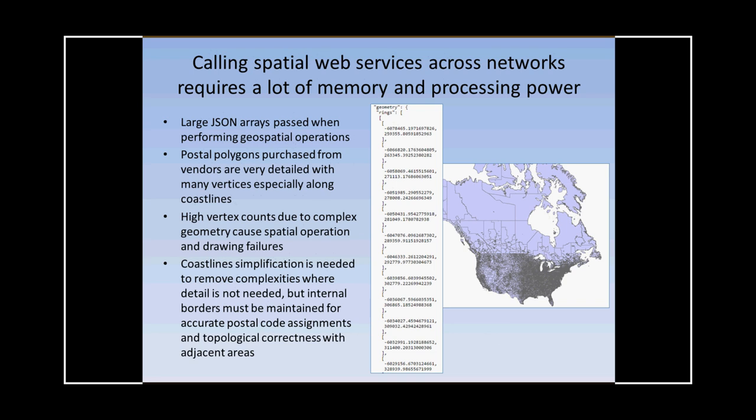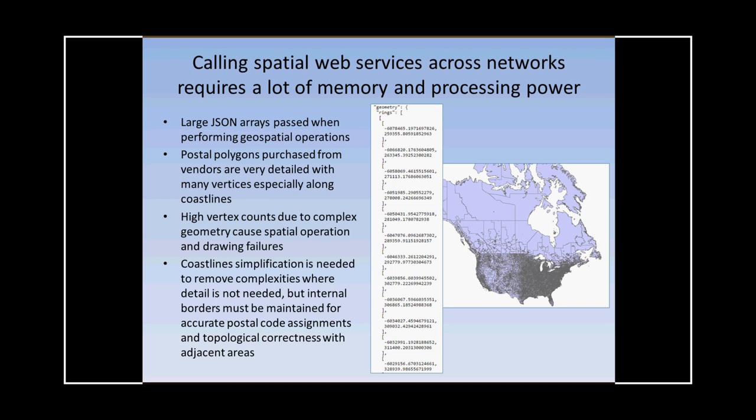So in the web services, JSON is used to pass this information across, which is large formatted text of the geometry. The postal code polygons we purchase from vendors are very detailed, especially along the coastlines. They have high vertex counts, which makes it really difficult to do these operations across the network.